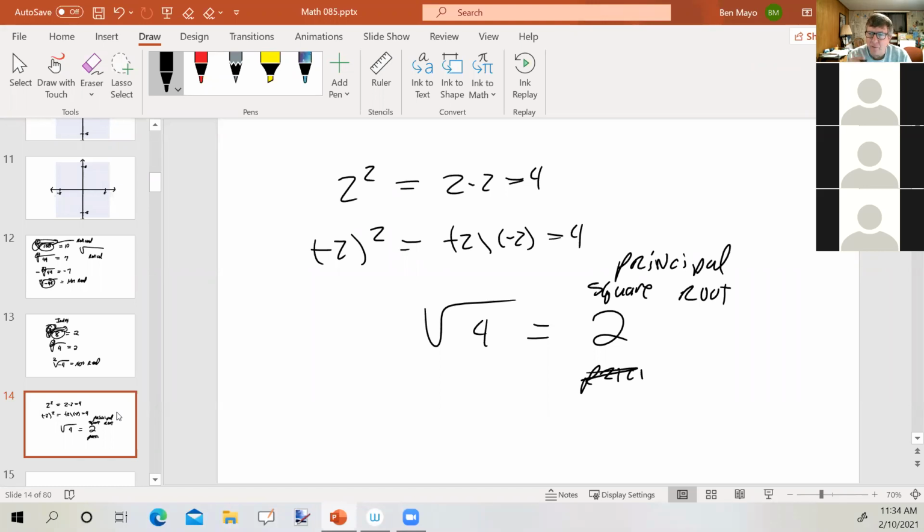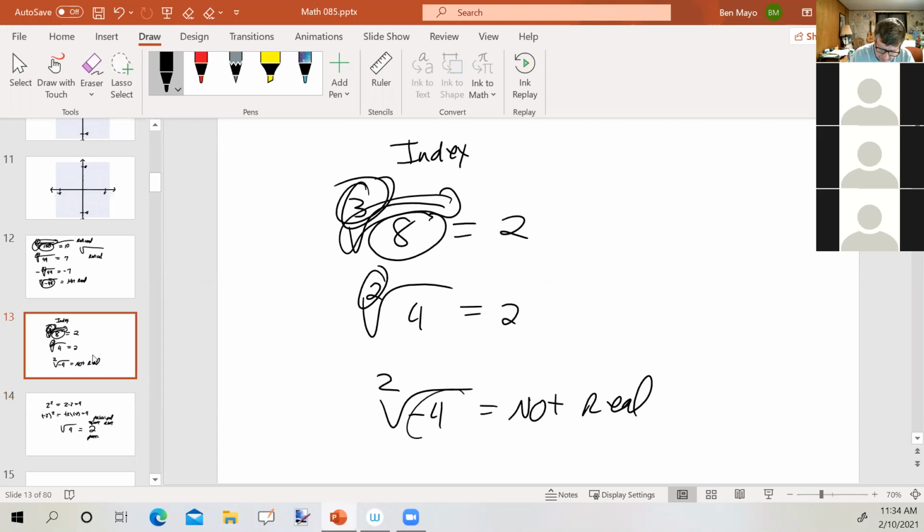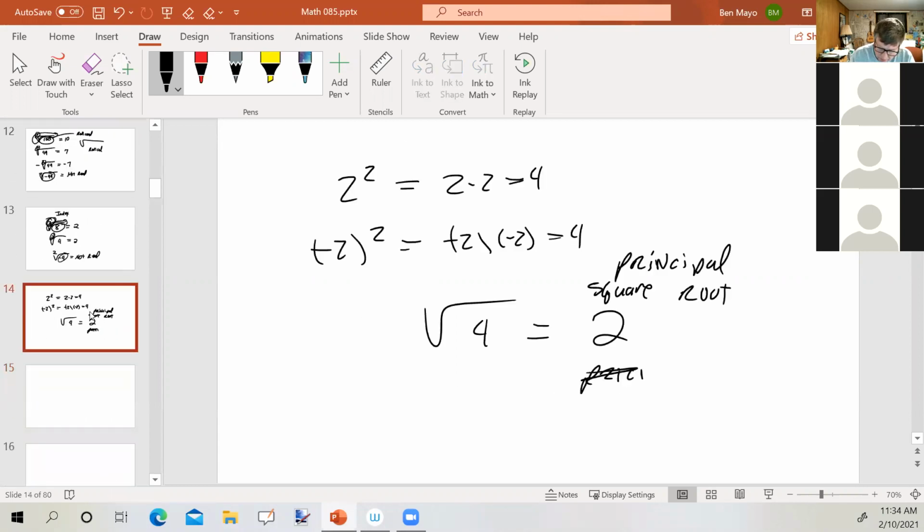You can't take an even root of a negative number and get a real solution. And when you're taking an even root, your answer must be positive. So there are 2 restrictions having to do with even roots and negatives. If you're taking an even root, the radicand can't be negative, and the answer can't be negative. Okay.